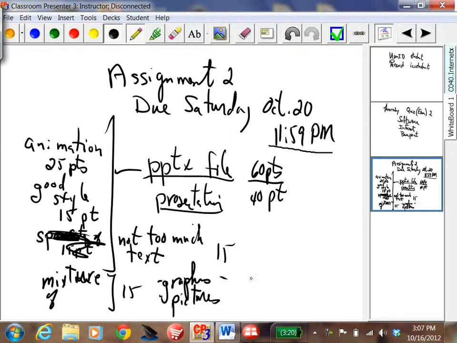You may even put a little video in. Find one. That'll take 5 minutes. Okay. Multimedia. That's what we're looking for. Any questions about assignment 2?